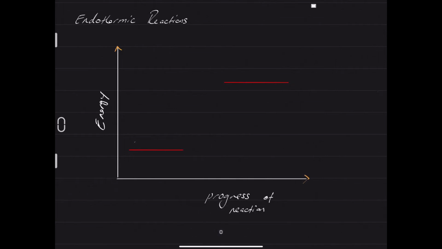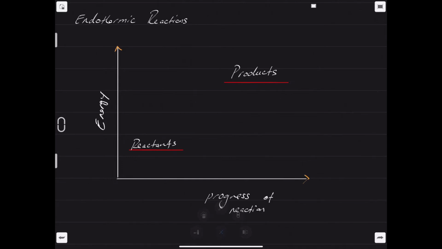So here are your reactants and here are your products for an endothermic reaction. Notice that in an endothermic reaction, the reactants are at a lower energy level than the products, so the reactants are at a lower energy than the products.